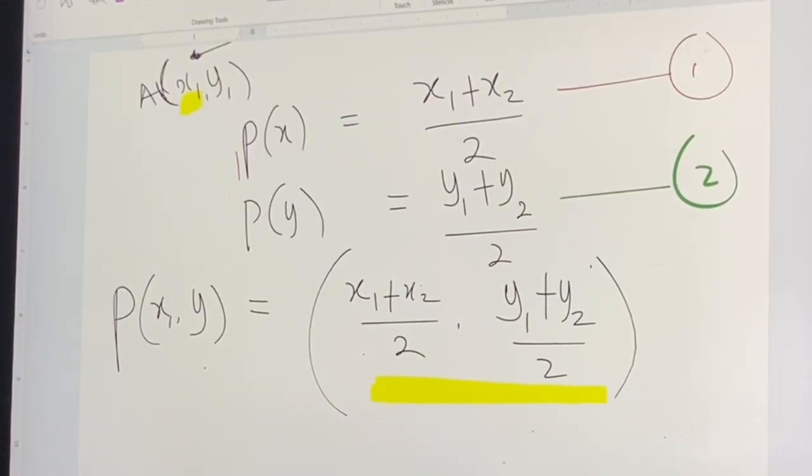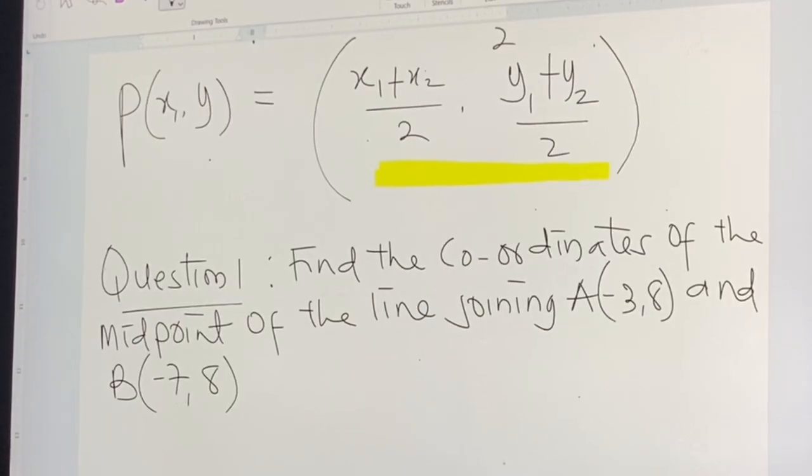Now let's solve some questions to perfect this formula. Question 1: find the coordinates of the midpoint of the line joining point A (minus 3, 8) and point B (minus 7, 8).